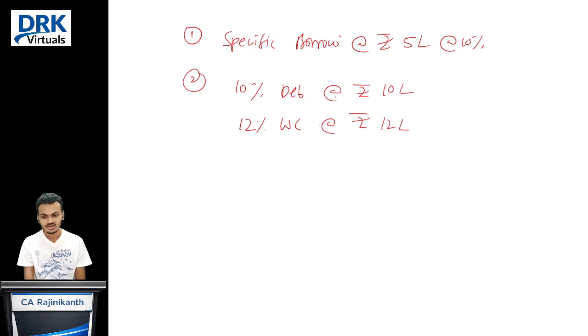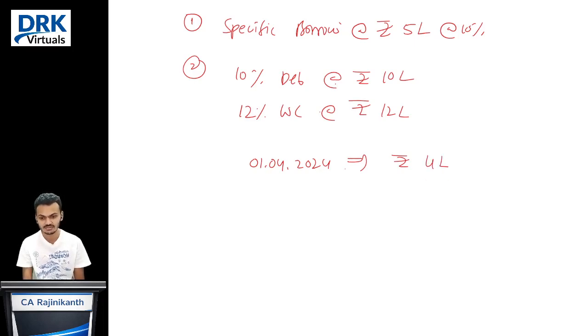Okay. And on 1st April 2024, we are incurring rupees 6 lakh. No, it is not 6 lakh, it is 4 lakh. On 1st April 2024, we are incurring 4 lakh. On 1st July 2024, we are incurring 11 lakh.